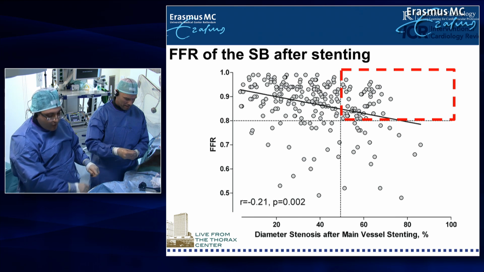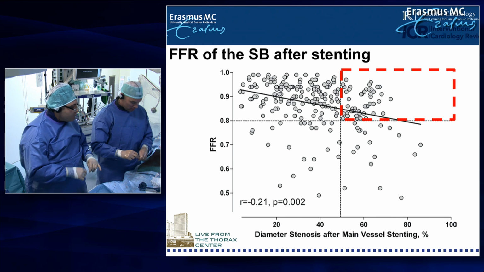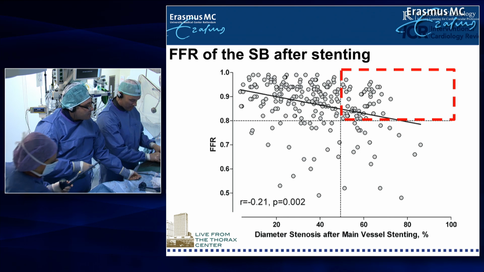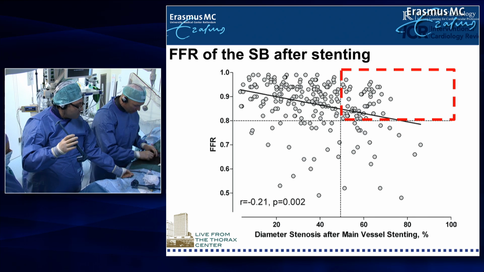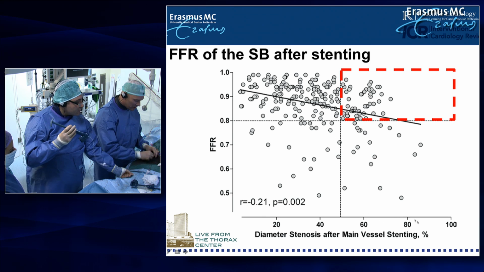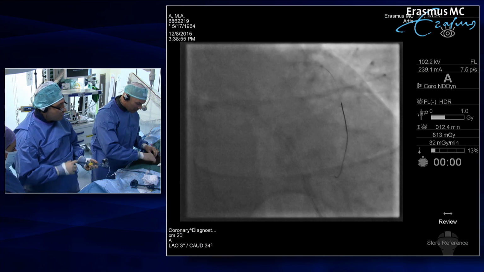But what about FFR post-stenting? It's not that common, I think, and this is probably also important to check our results. Yeah, I think I like the idea, and I think we will do this. I think this will also enter our practice, that we really want to confirm our stent results by FFR. That may be PCI of the future.